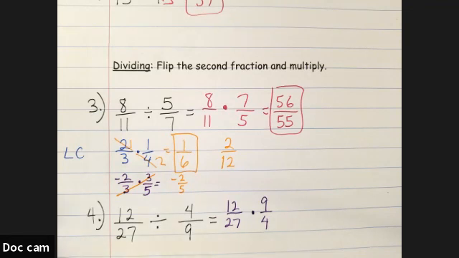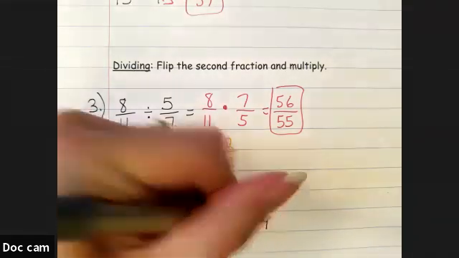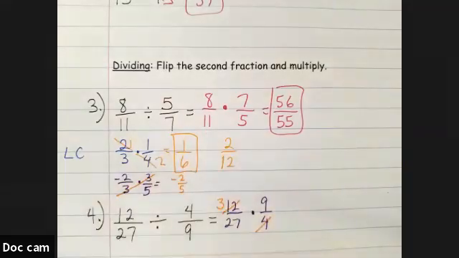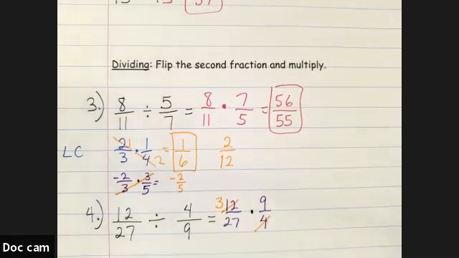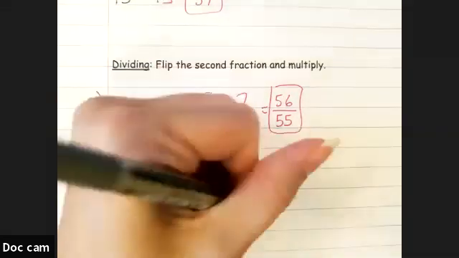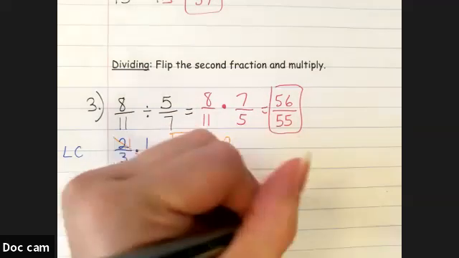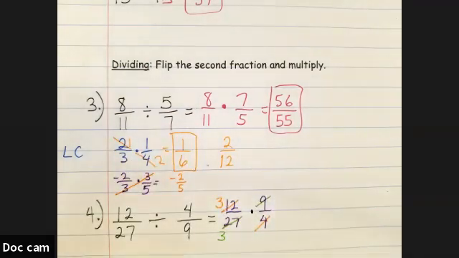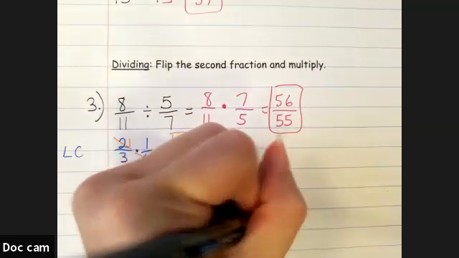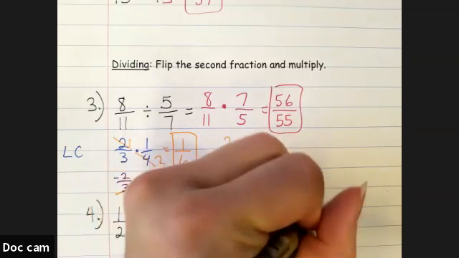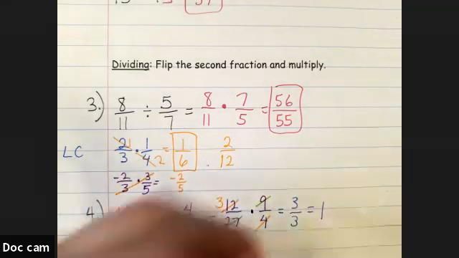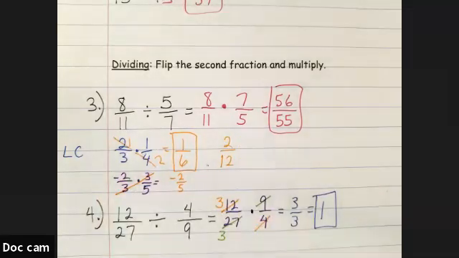I know that 4 could go into 12 3 times, and I know that 9 could go into 27 3 times. So that essentially is 3/3, which is just 1. So the final answer there would be 1.